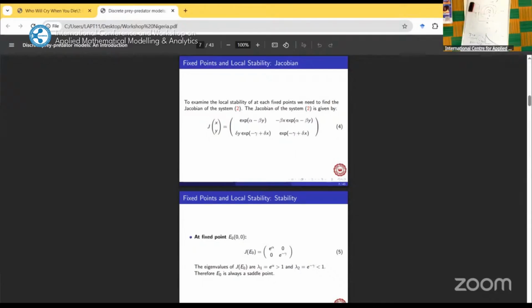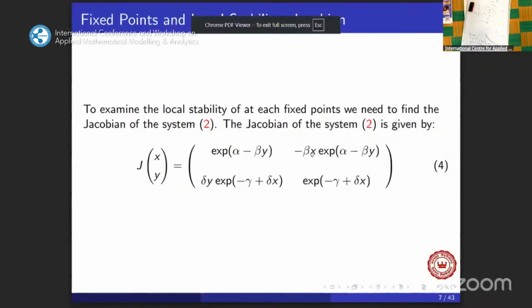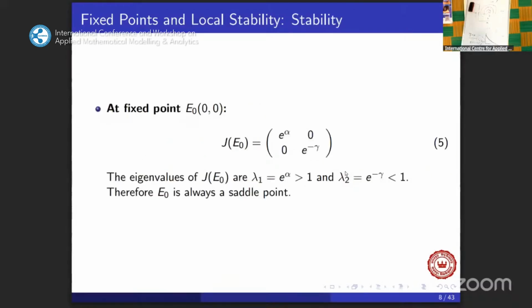So we go to the Jacobian matrix of the system of this model and try to find the local stability at the point. Go to the next slide. See, at E0, we find two eigenvalues. Lambda 1 is equal to e to the power alpha and lambda 2 is e to the power minus gamma.